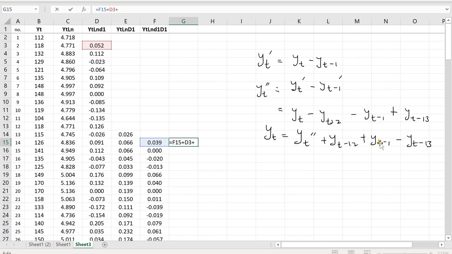So t now is 14. Look at this t. t minus 1 means 13. So 13 we take from the original data, because this is yt only, right? It means at original scale. Our original scale is yt, yt minus 1 is this one, and also this one, right?